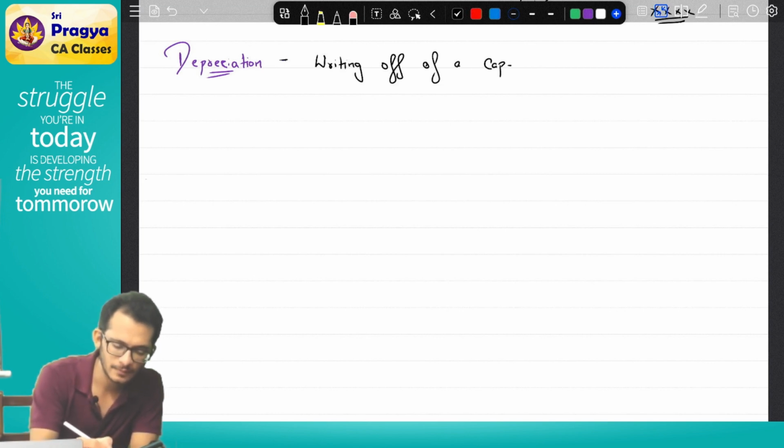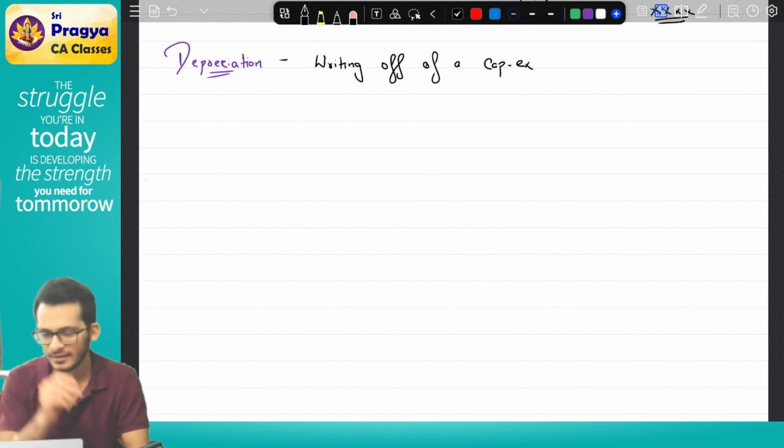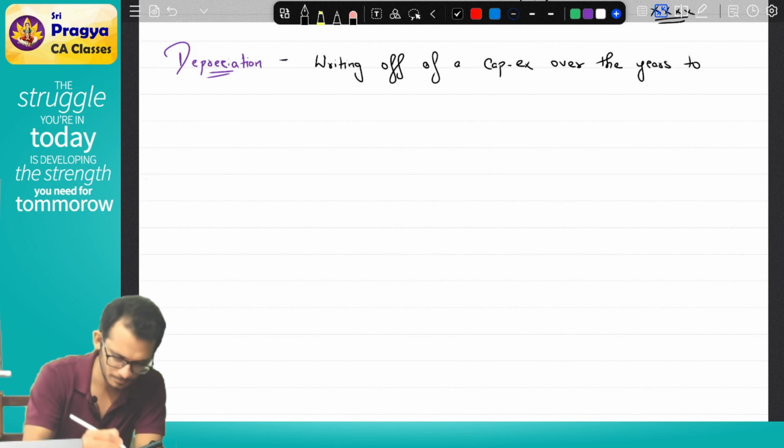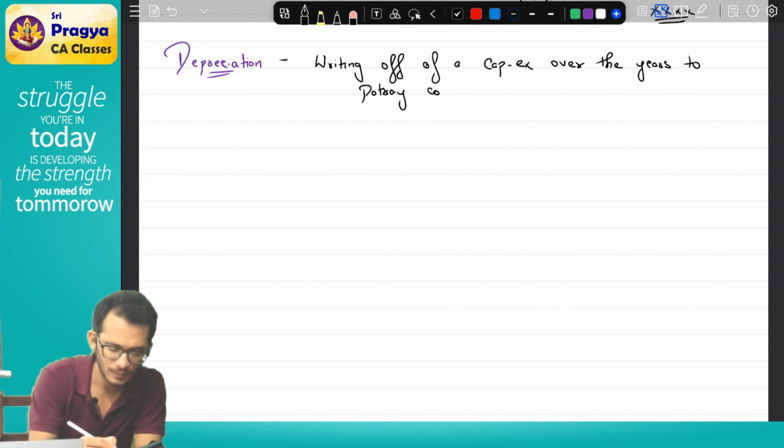What is capex? Capital expenditure. It is write-off of a capital expenditure over the years to portray consistency of profits.